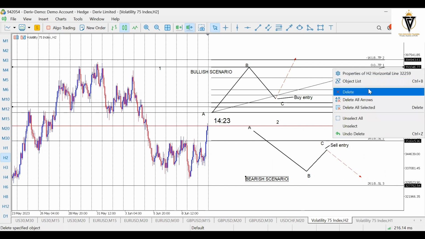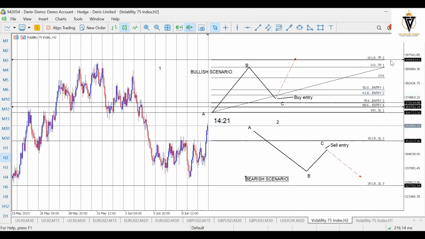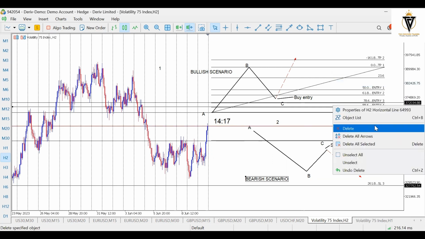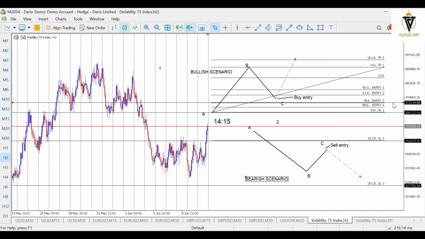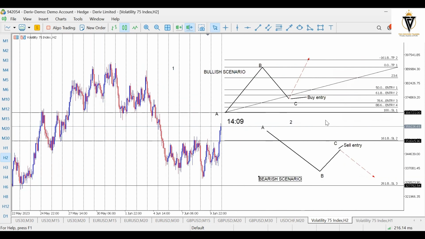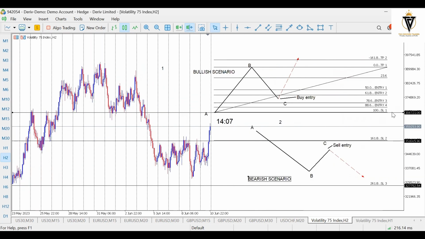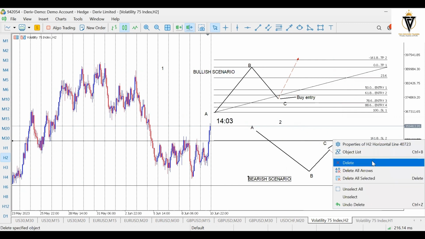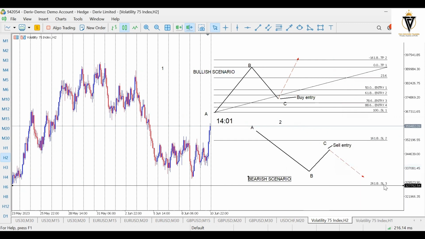It's equally the same thing, but this time around it's the reverse order, but the same principles are applied. Most of the work is in the numbering and the naming of your Fibonacci. After that, you just bring it to your market and then you plot and you do away with it.